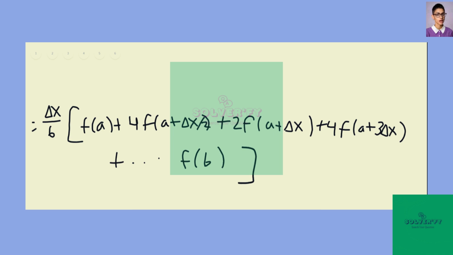Now look at this, after I remember to put my factors of 2 in the right place. So we have this factor of 1, 4, 2, 4, 2, 4, 2, except for the endpoints.